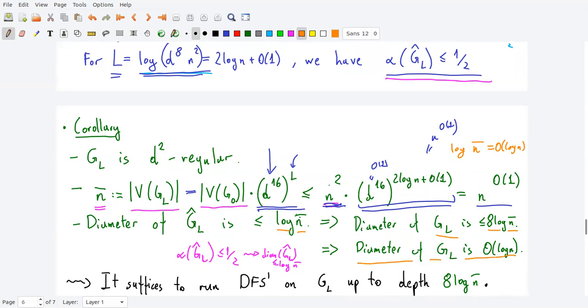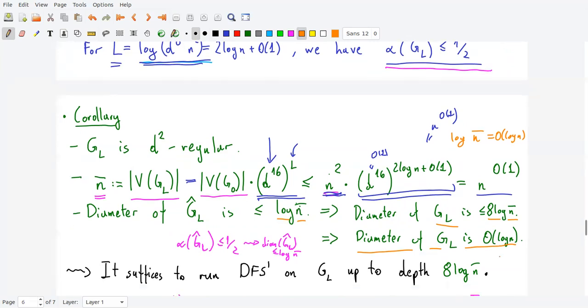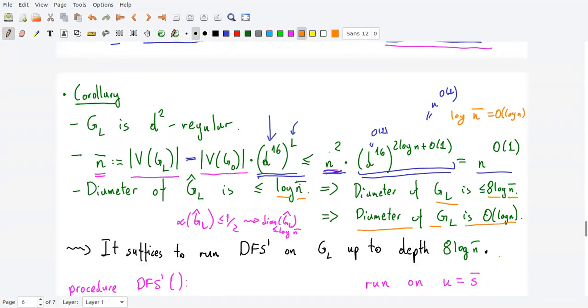This is important, because we now know that in order to understand reachability in GL, we need to apply DFS only up to bounded depth, up to logarithmic depth. So now the idea is that it suffices to apply this DFS prime algorithm that we have seen some pages before on the final graph up to logarithmic depth.